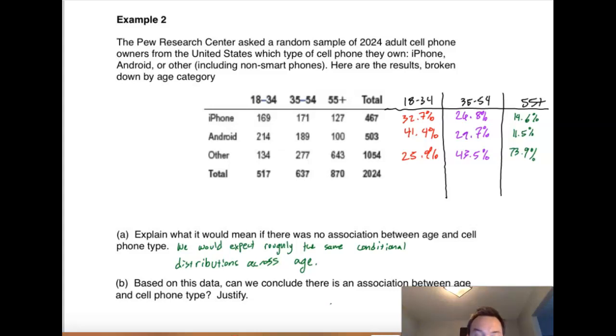Based off this data, can we conclude that there's an association between age and cell phone type? I would say yes. There is an association between age and cell phone type.